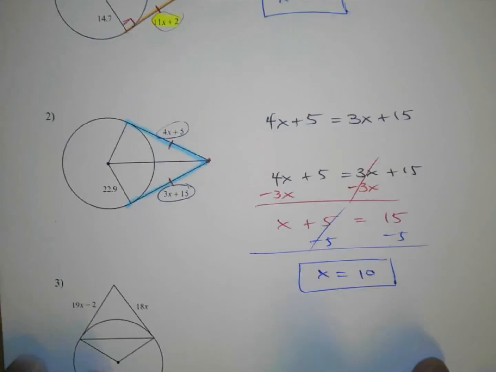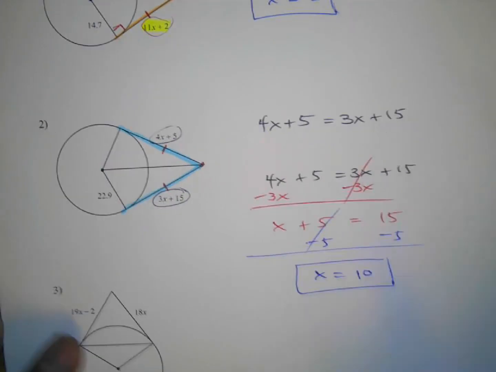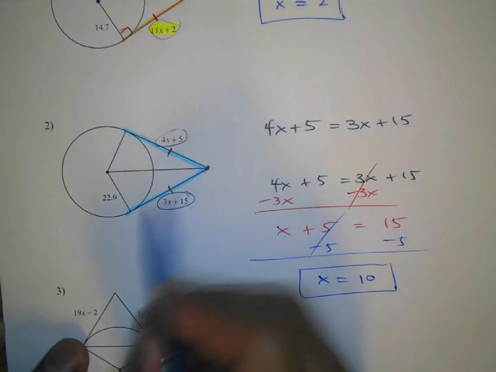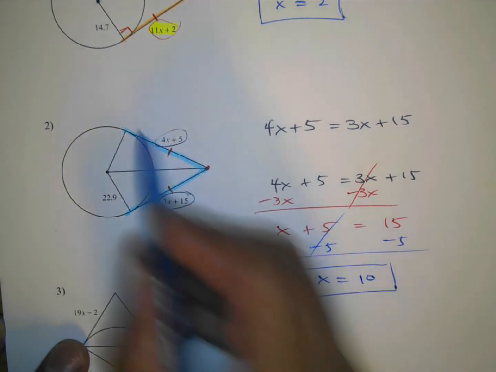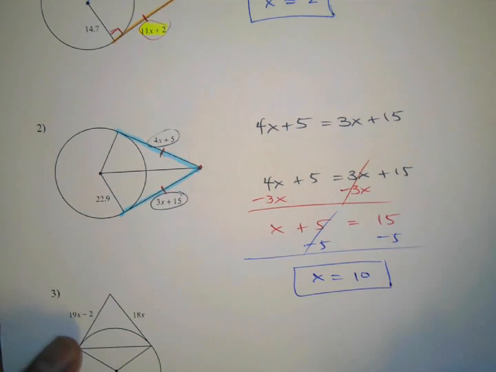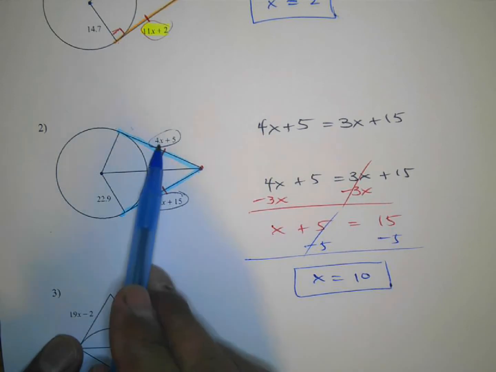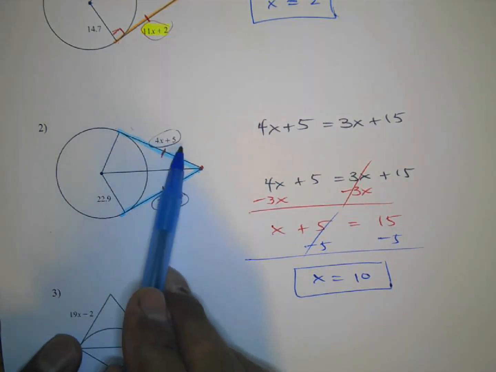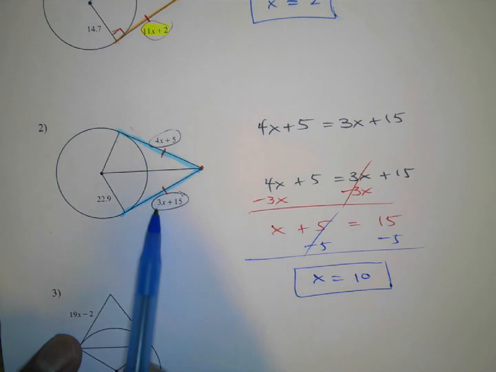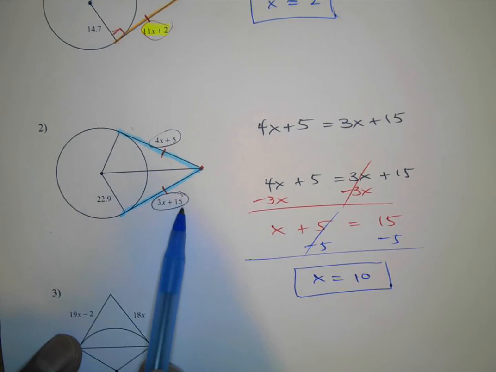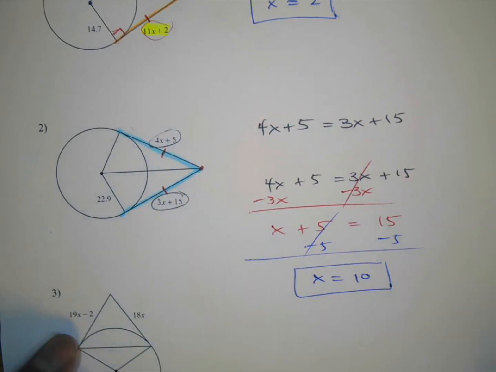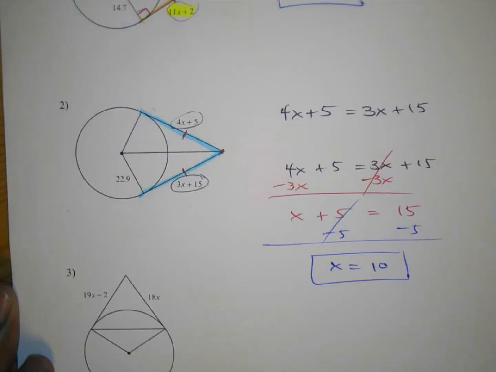So that's what you know about these tangent lines that share an external point, they're congruent. Let's see, if x is 10, 4 times 10 is 40 plus 5, this is 45. And obviously 3 times 10 is 30, 30 plus 15, 45. See, they're going to be congruent.